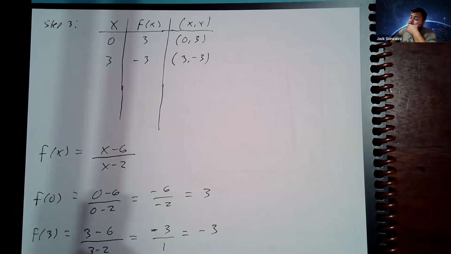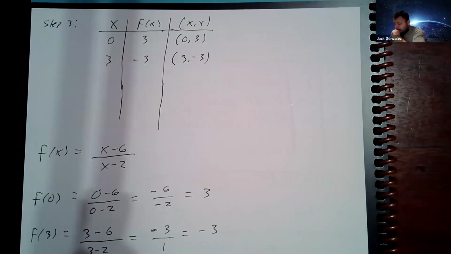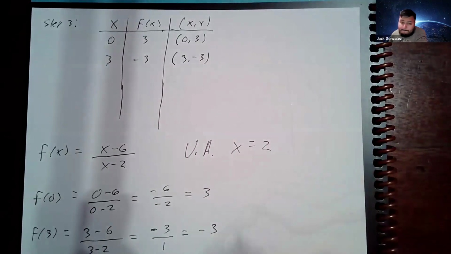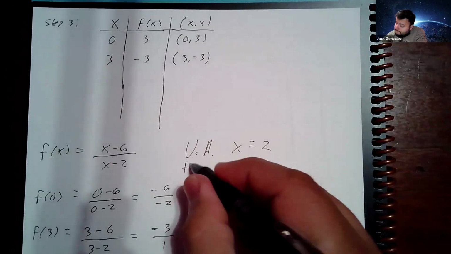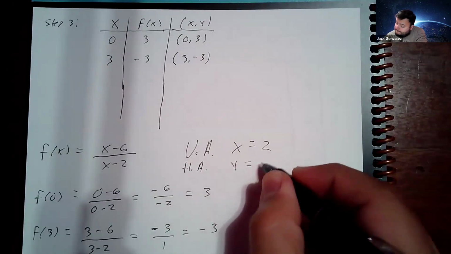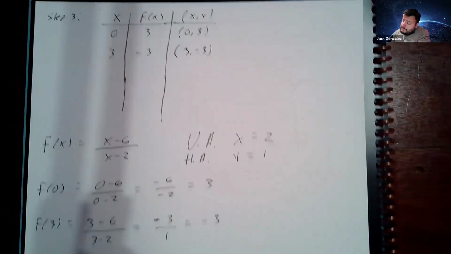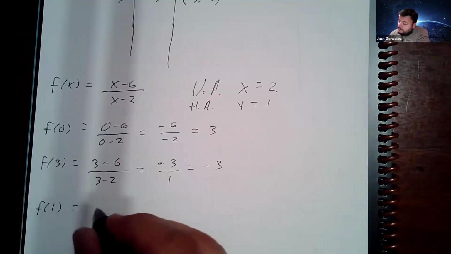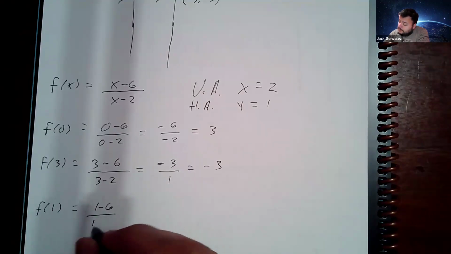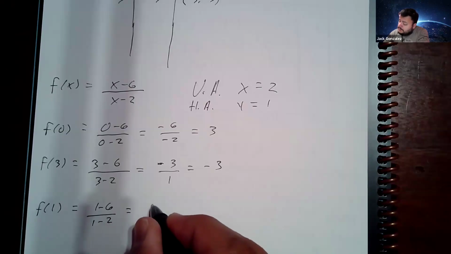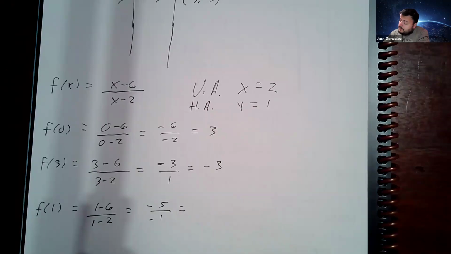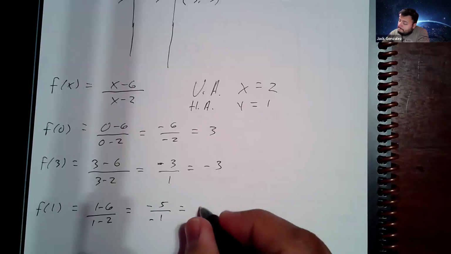All right. Now, I'm just going to pick random ones. The vertical asymptote was x equals 2, right? I'm going to pick 1, I guess. So that'll be 1 minus 6 over 1 minus 2, so negative 5 over negative 1. Oh, that's a nice one. Cool. 5.